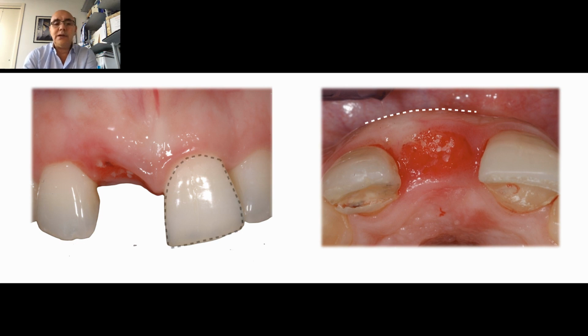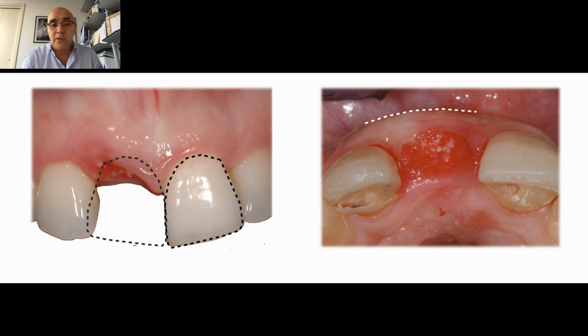So now we are used to doing the digital smile design, so we can use that principle in this situation. We basically take the shape of the neighboring tooth, we reflect it sideways, and we can see that actually we are very lucky because this healing of the bone underneath has led to a healing of the soft tissue as well.